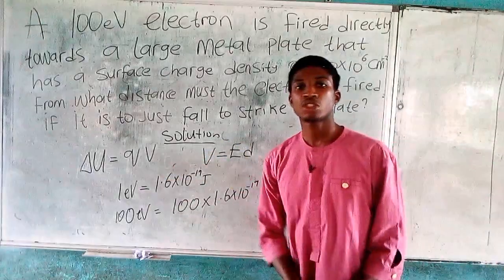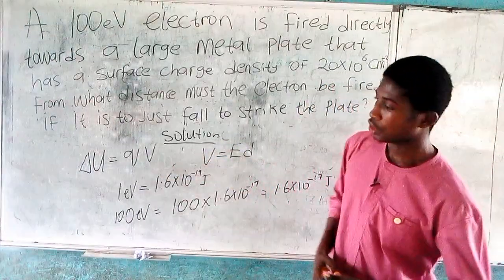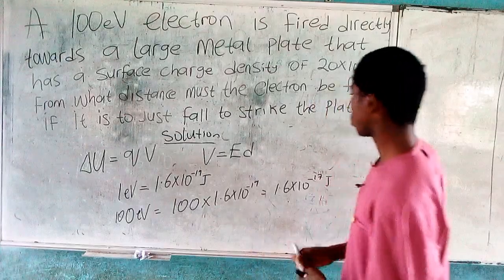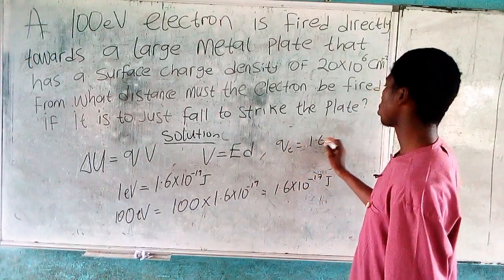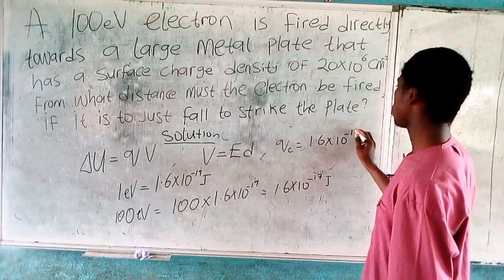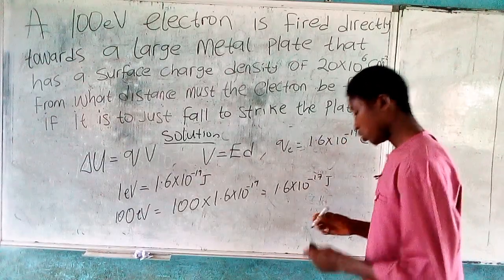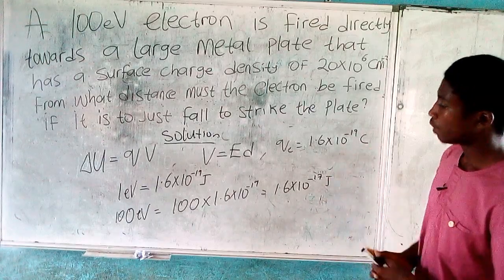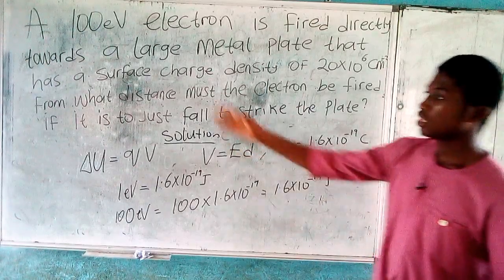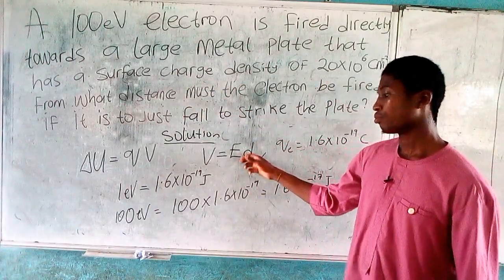Now we have our energy. We have our charge here, because a particle is specified, which is the electron, so the charge will be the charge of the electron, which is a constant: 1.6 times 10 to the power of negative 19 coulombs. Now, we are asked for what distance, so we're looking for d.